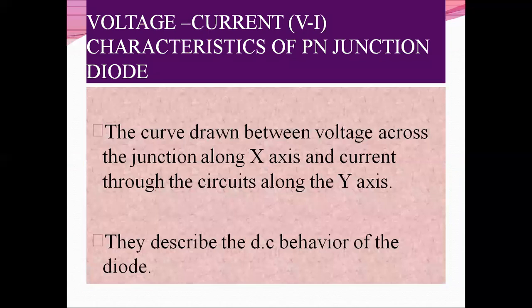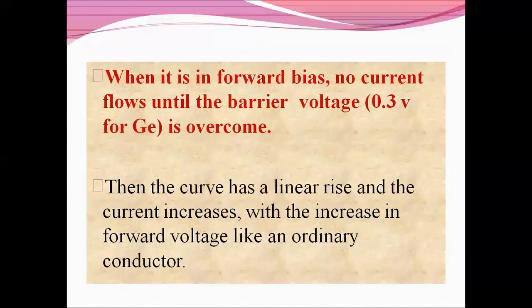Now we are going to see the voltage-current, that is VI characteristics of the PN junction diode. The curve is drawn between voltage across the junction along the x-axis and current through the circuit along the y-axis. It describes the DC behavior of the diode. When it is in forward bias, no current flows until the barrier voltage, that is 0.3 volt for germanium material, is overcome.